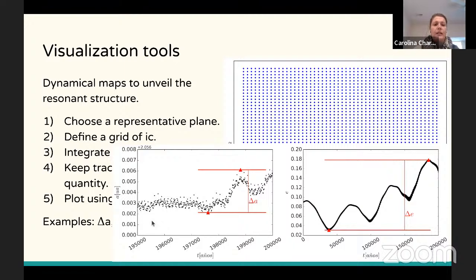And so, for example, here I show you how we would do it. We would perform the integration of, for example, one of these initial conditions. We plot our semi-major axis as a function of time, or the eccentricity, and we see how much some of these quantities vary, and then we color code it.